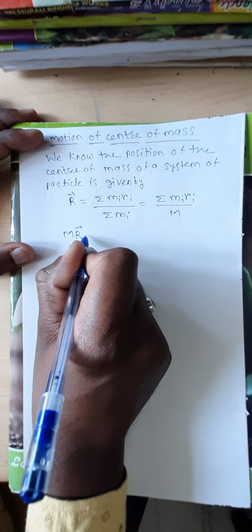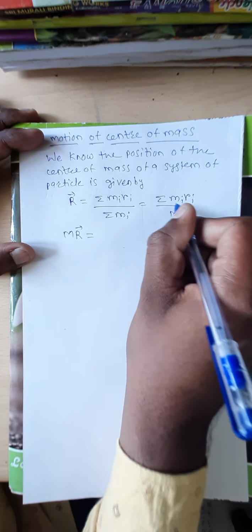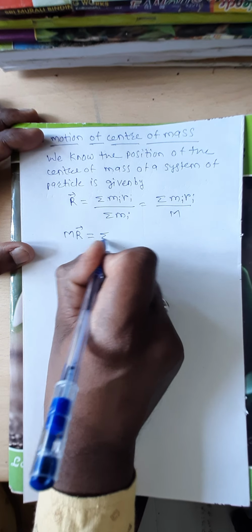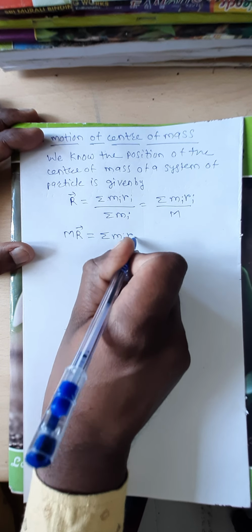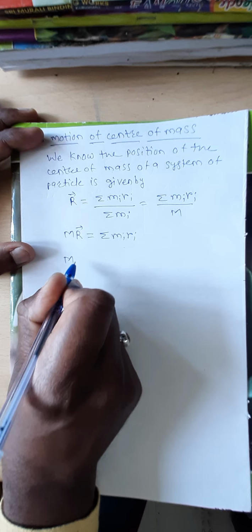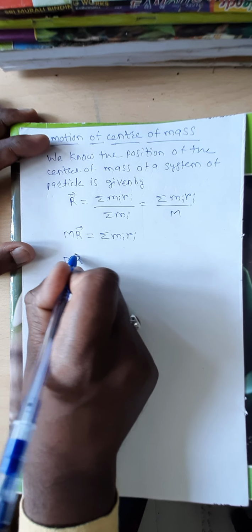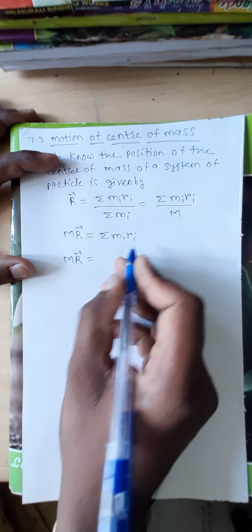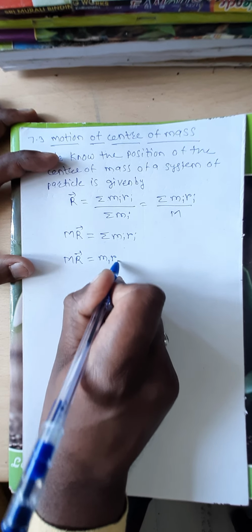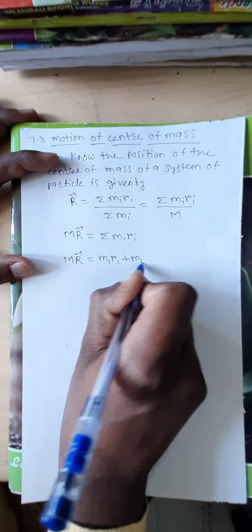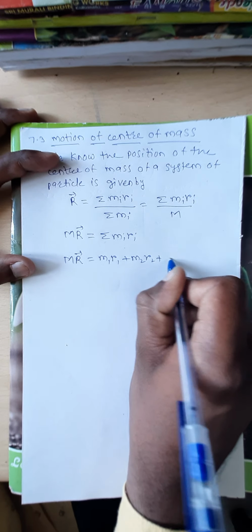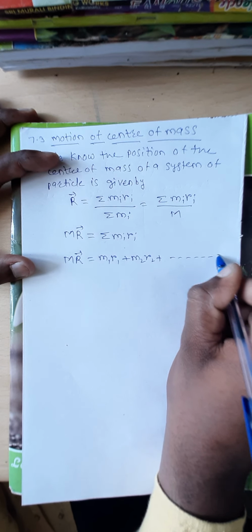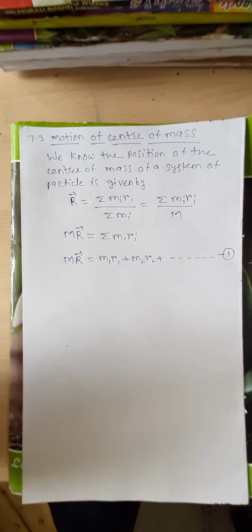Therefore, M R is equal to summation of mi ri, which is nothing but m1 r1 plus m2 r2 plus m3 r3 and so on. Okay, now this is equation number 1.